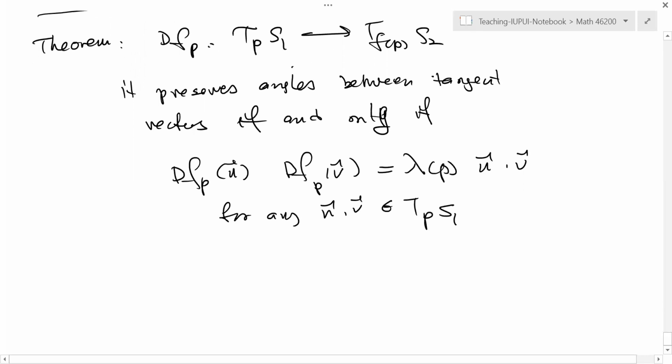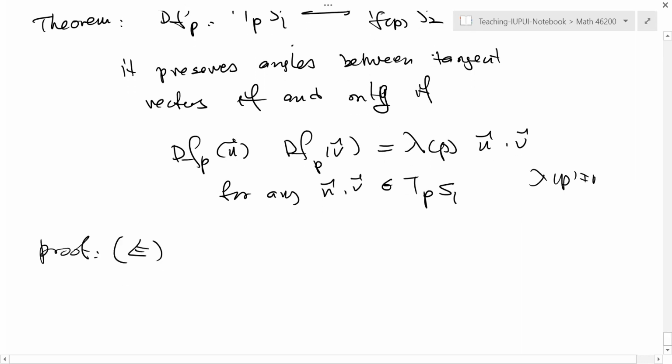Now, if this is true, it's easy to see why you get the same angle. Here lambda p is not equal to 0. I can only prove this easy part, but this is linear algebra.